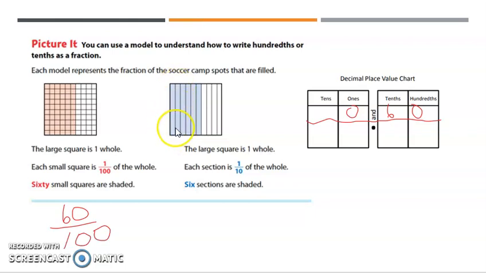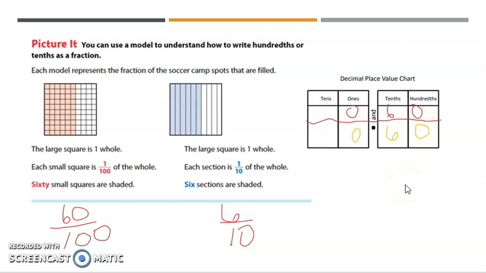One of these columns is equal to one of these columns. So how many here are shaded? 6/10ths are shaded. Well, if I come over my place value chart and I want to show my 6/10ths, the 6 would go here. Again, I have 0 wholes, and I don't have any hundredths.